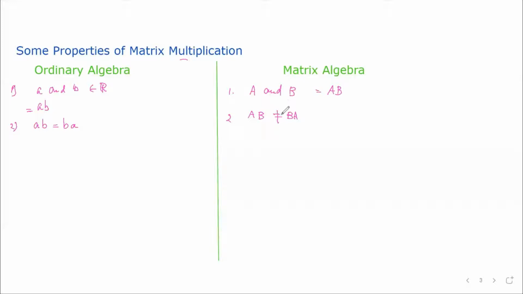In some cases they are equal, maybe a small percentage, depending on the numbers and the condition. But in general, matrix A times matrix B is not equal to B times A. They are not the same.